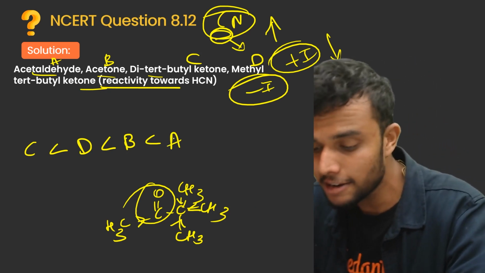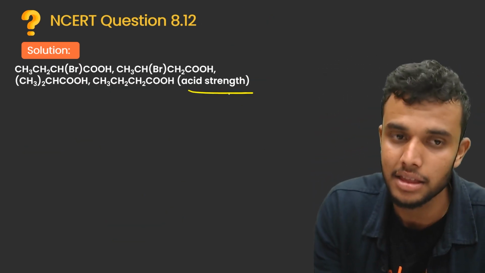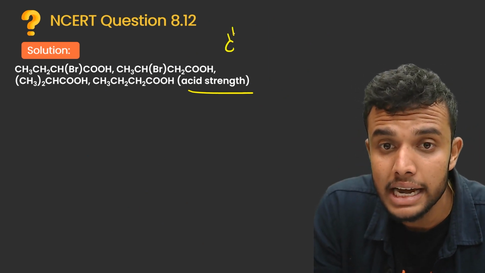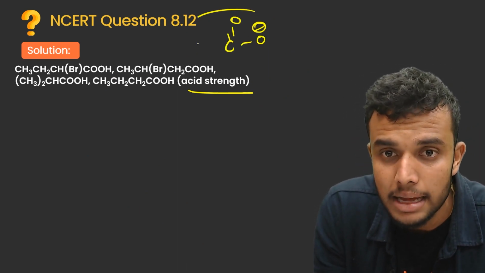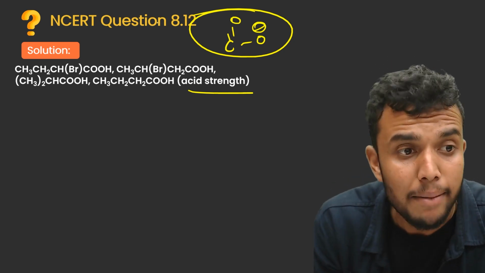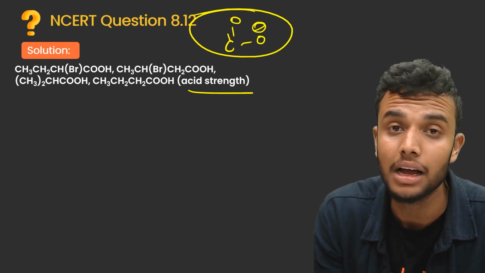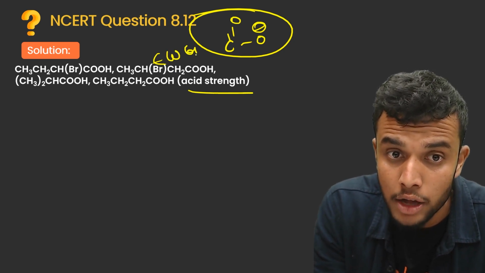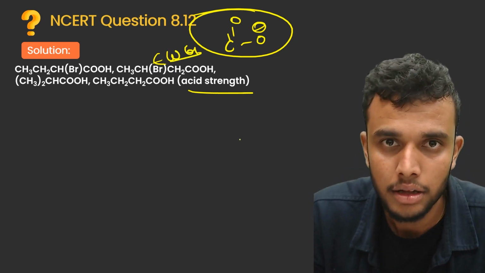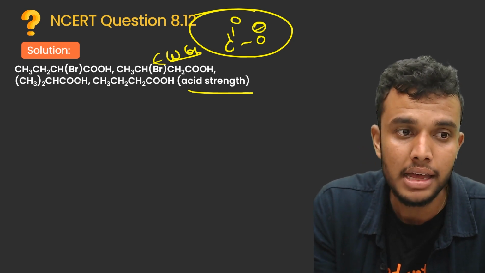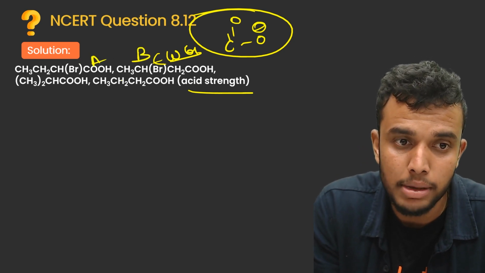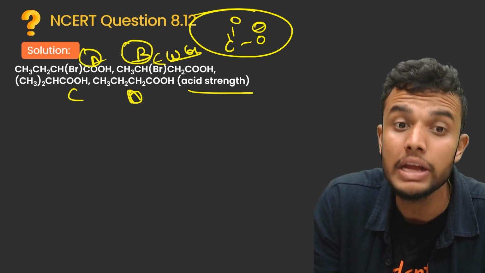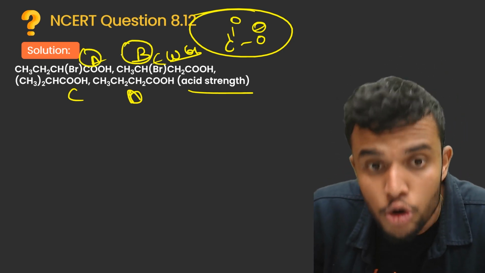Understood, students? Let's move on to the second one, acid strength. We already know the acid strength depends upon the COO minus stability. According to this, the compound containing an electron withdrawing group, not an electron donating group, has high acidic strength. It's an easy topic. Here, let's choose A, B, C, D. In compound A and compound D, it contains an electron withdrawing group.